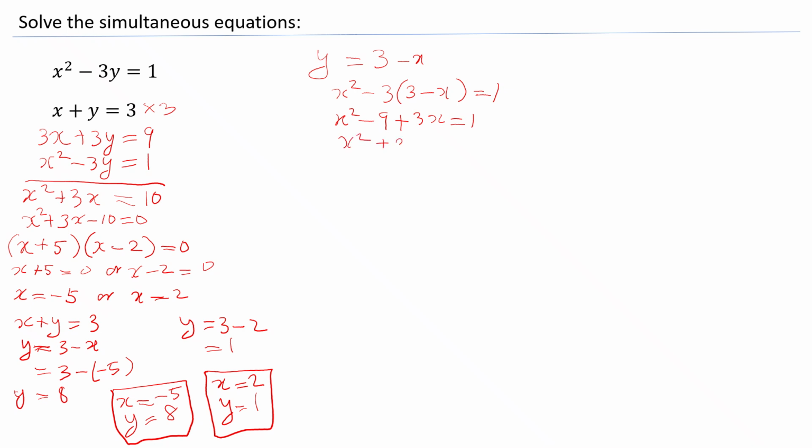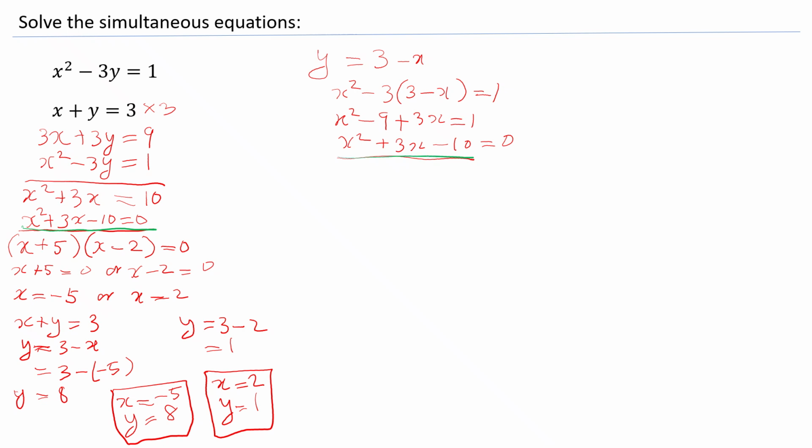Rearrange: x squared plus 3x minus 10 equals 0. You will get the same quadratic equation as before; with the substitution method or the elimination method, both give the same equation.